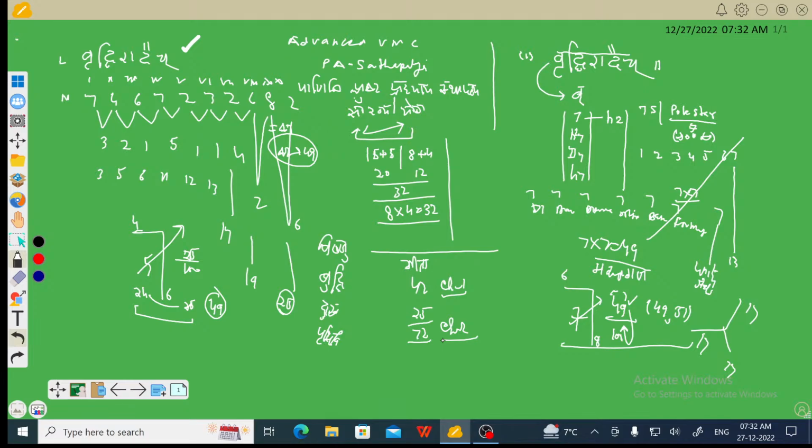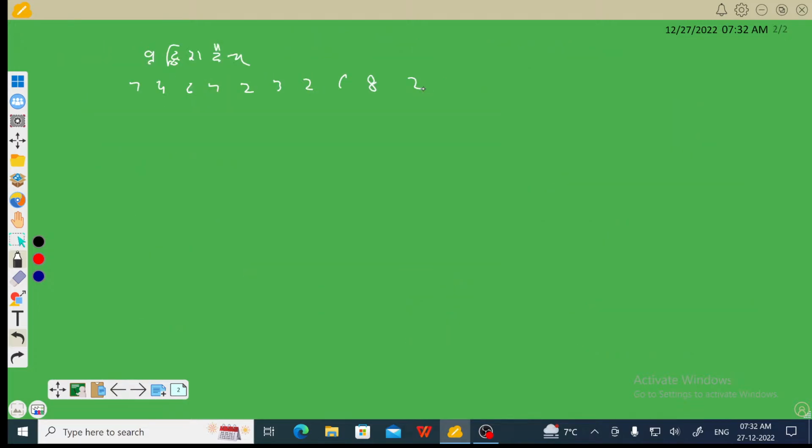Vridhi Adach is 7, 4, 6, 7, 2, 3, 2, 6, 8, and 2. See, the gap here is that the numbers 5 and 6 are absent. Value is 11. Here 5, so 11, and then plus 5 up till here is 6. Here there is no gap.